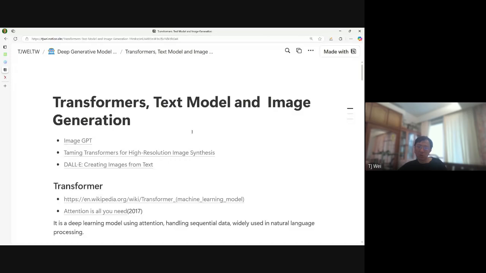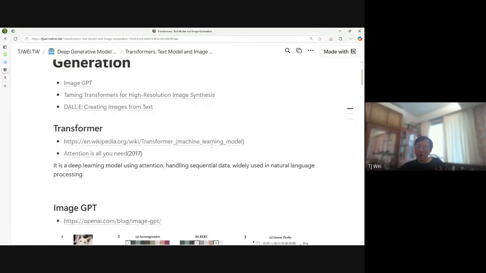Okay, so let's go back to talk about what the transformer is. One way to see it is to use Wikipedia, because the transformer is so popular, so standard. Like we said, there are different ways to investigate a topic. One way is to use Wikipedia. If the topic is so popular and so standard, then Wikipedia is a good start.